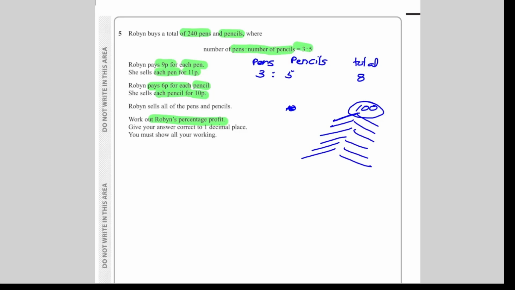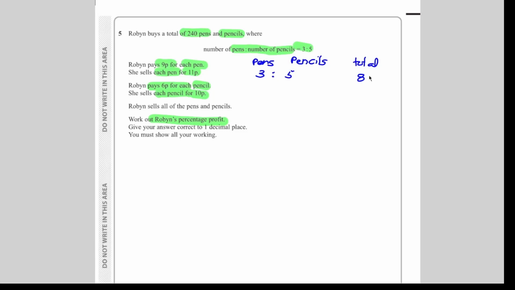So it is not the real amount, it is a simplified amount. That's the meaning of ratio. It can be the real amount, it can be a simplified amount as well. So in this case, there are 3:5 pens and pencils.